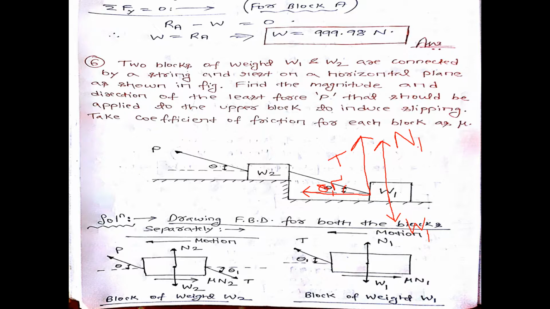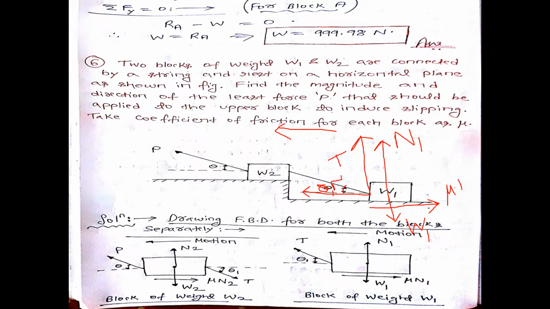Since the motion of the first block is in the negative x direction, at the contacting surface point, which is the point between this horizontal surface and this block, friction will act opposite to the direction of motion of the block, which is mu times the normal reaction.